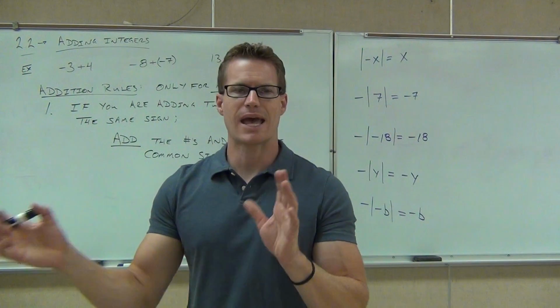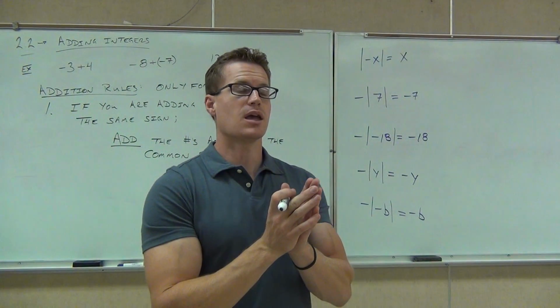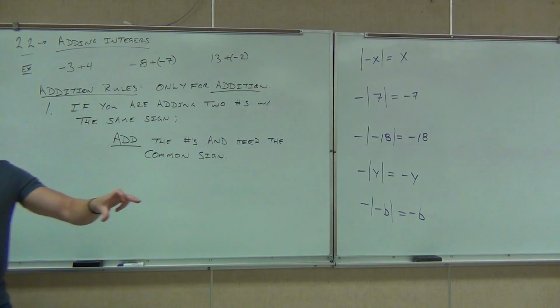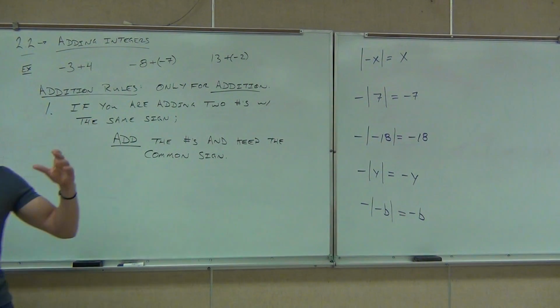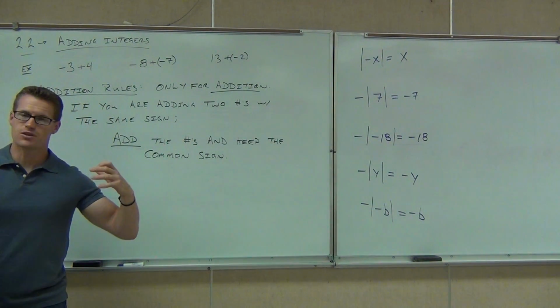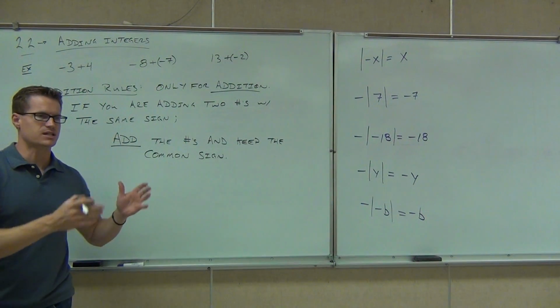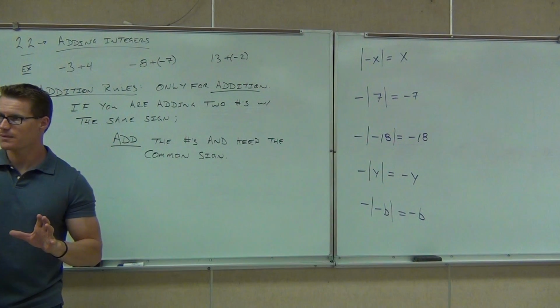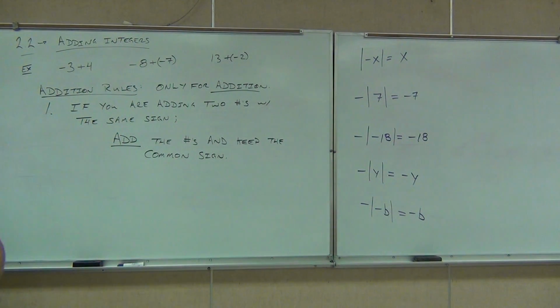So same signs, add them, common sign. If you have different signs, you're going to subtract them and keep the sign of the bigger one. So if the bigger number is, talking bigger absolute value-wise now, if the bigger number is negative, it stays negative. If the bigger number is positive, it remains positive. Okay? That's how you determine that. And don't worry if you're a little confused right now. We're going to practice this a lot.